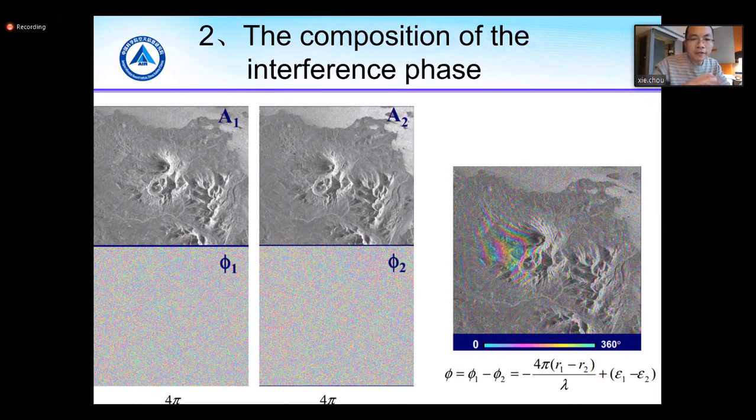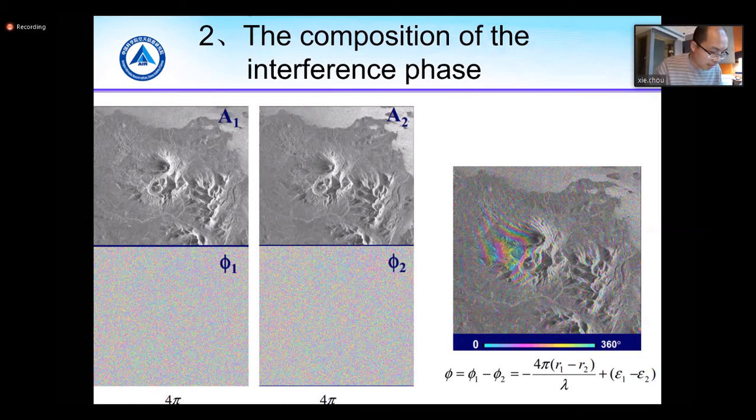If we look at phi1 and phi2, we cannot see anything, because this kind of phase is random. But if we subtract phi2 from phi1, then we can find there is some information in the phase image.